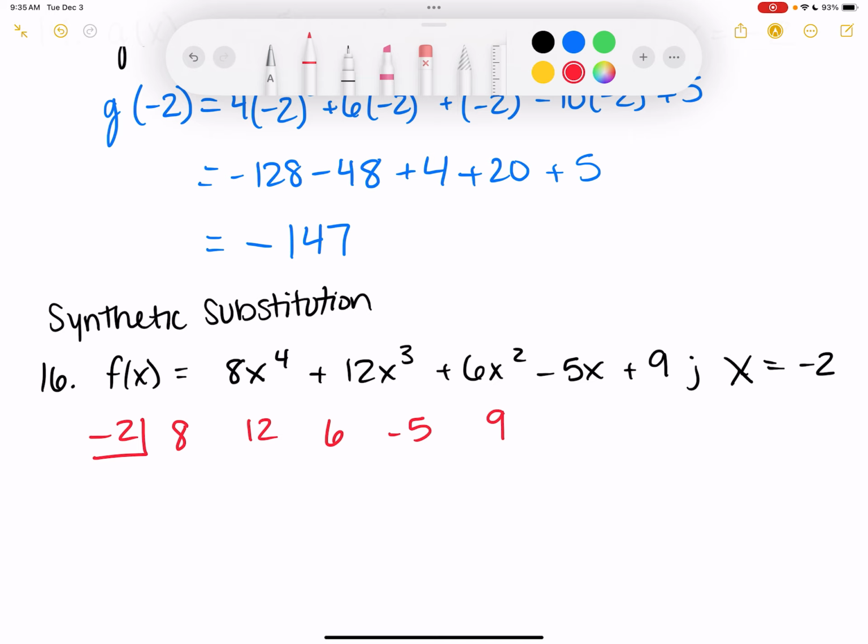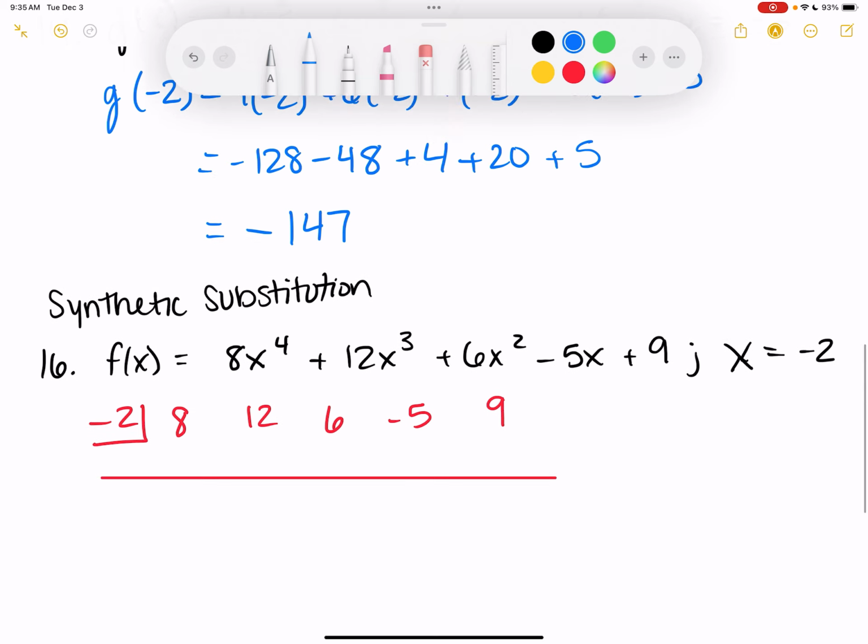Now leave a line, because we're going to be writing in here. This is where you have to watch the process very intently.